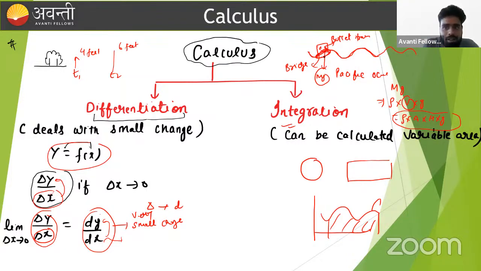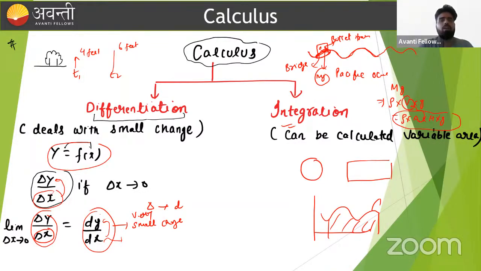Once he knows the area, he can tell the volume, and once he knows the volume, he can find the load carrying capacity of this bridge. So why do we study integration? So that we can calculate variable area. You can calculate any type of variable area, whatever shape is given.